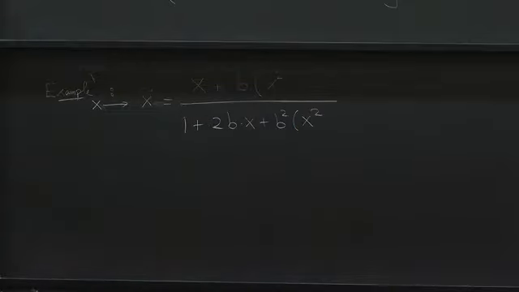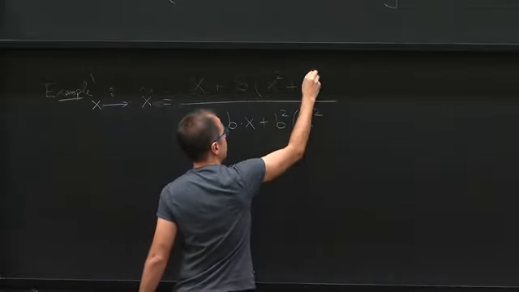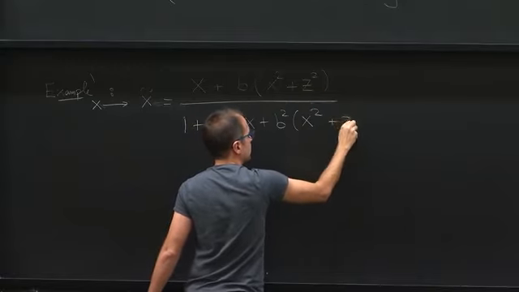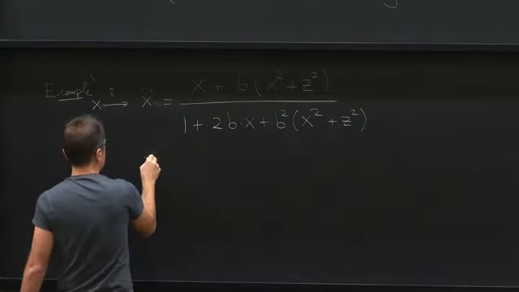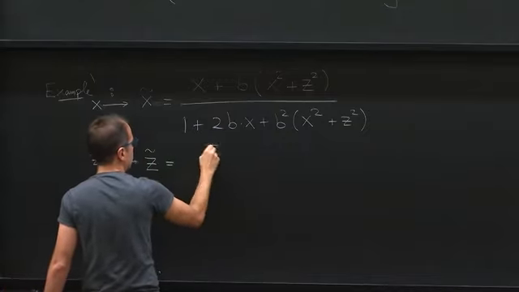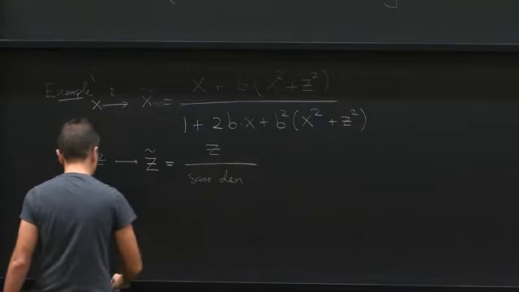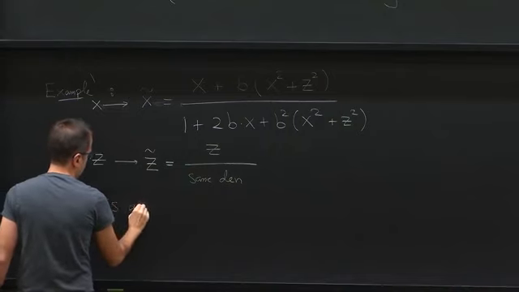If I close the parentheses after what I just started, this would be the usual conformal transformation. Now the claim is that the following, with plus z squared in the denominator, and z goes to z tilde, which is z over the same denominator, is an isometry.